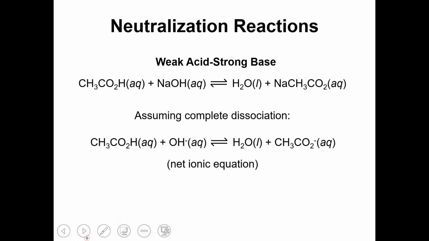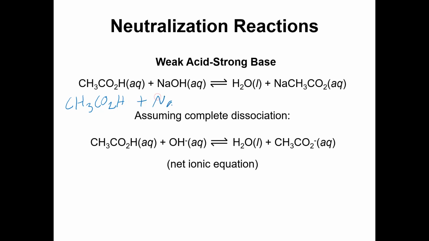So if we assume complete dissociation, we know that the only thing that's going to cancel out is the sodium, so we're left with acetic acid plus hydroxide gives us water plus the sodium plus the acetate ion. And we can show that because acetic acid doesn't dissociate completely in solution, so we can't write it as its ions.